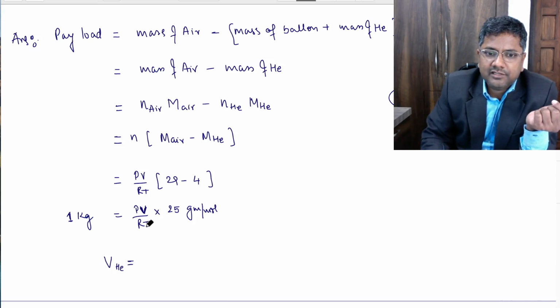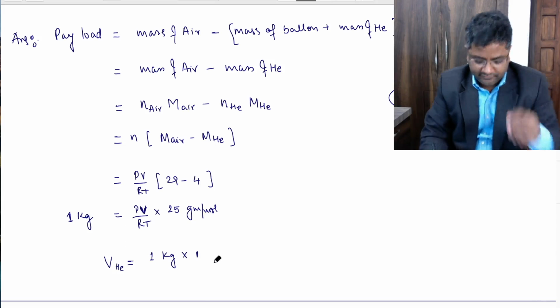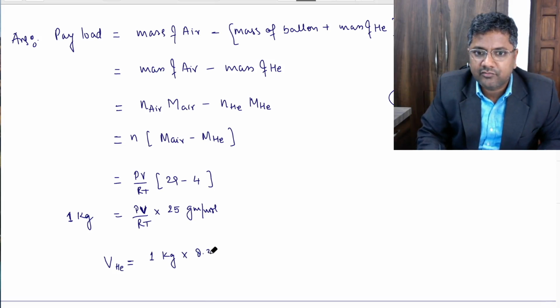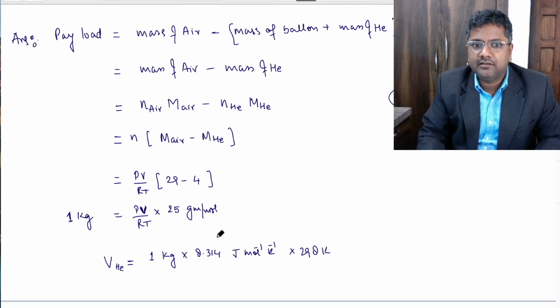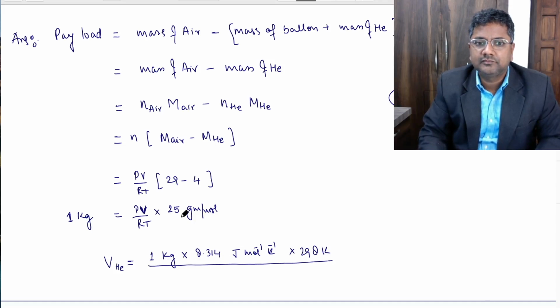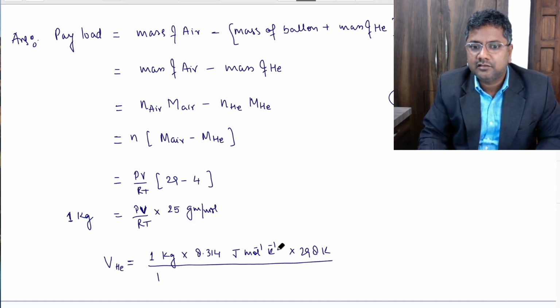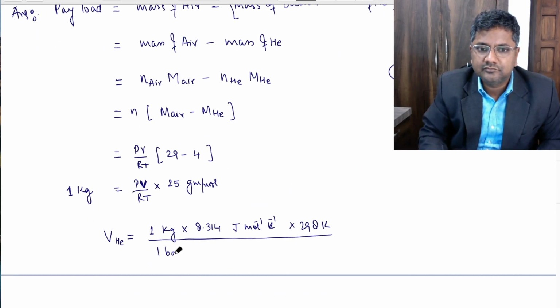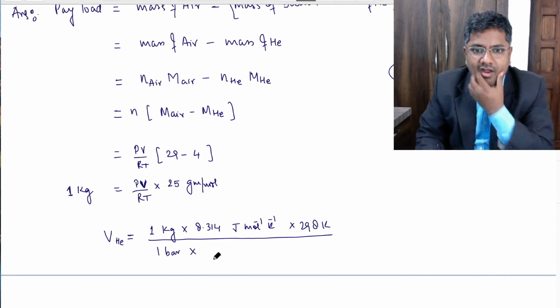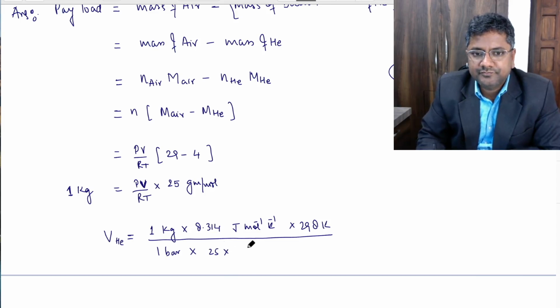So volume of helium is equal to 1 kilogram into R, the value of R we can put 8.314 joules per mole per degree Kelvin, and T is 298 Kelvin, divided by 1 bar. 1 bar they have given, multiplied by 25 into 10 power minus 3 kilograms per mole.